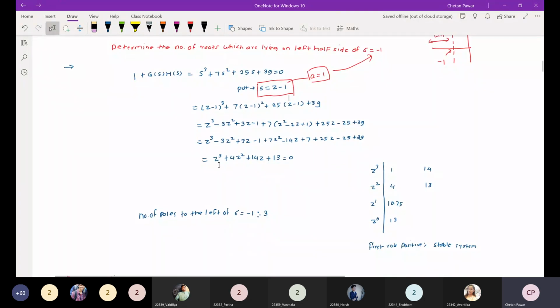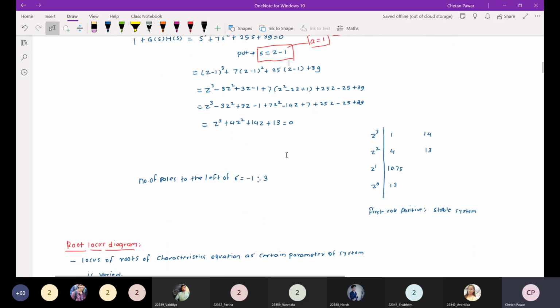After simplification, we get z cube plus 4z square plus 14z plus 13 is equal to 0. So we form the Routh table. After forming the Routh table, we find that the first column is positive, so we can say that the system is stable.